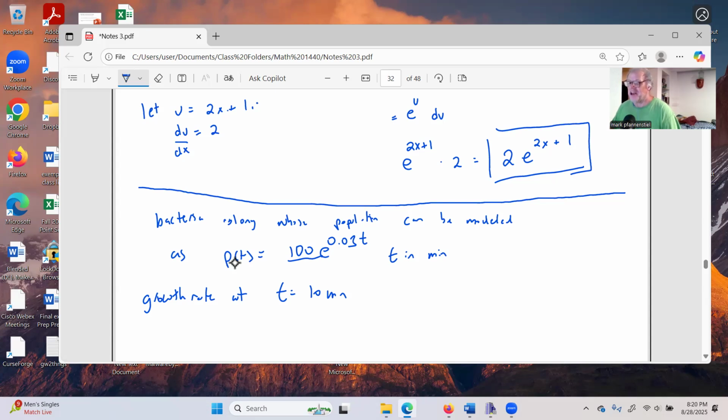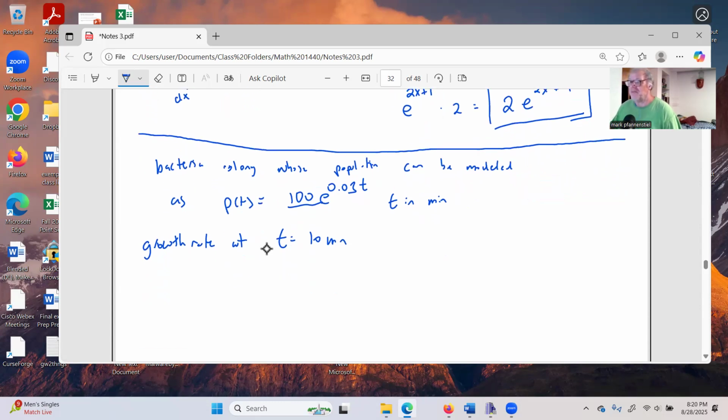If it's something like square millimeters, that might be the way to go. It would be 100 e to the 0.03 t square millimeters per minute, and we want to know the per minute. So this is just the population growth at a particular t. Is it going to be cells? Is it going to be square millimeters? Whatever it's going to be.